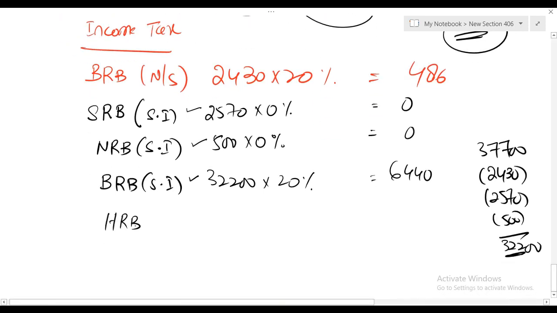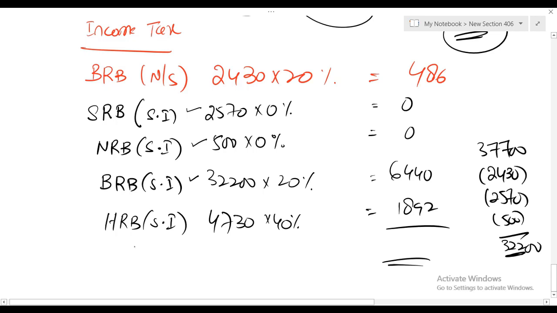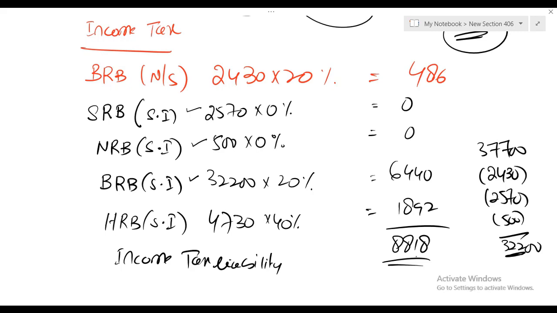It falls in the higher rate band. 4730 into 40%, 1892. So let's see what is the income tax liability. 8,818. Income tax liability is 8,818.